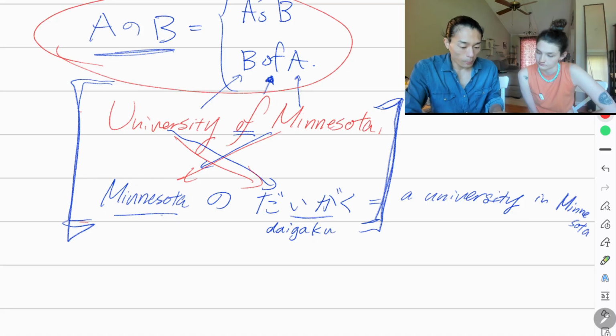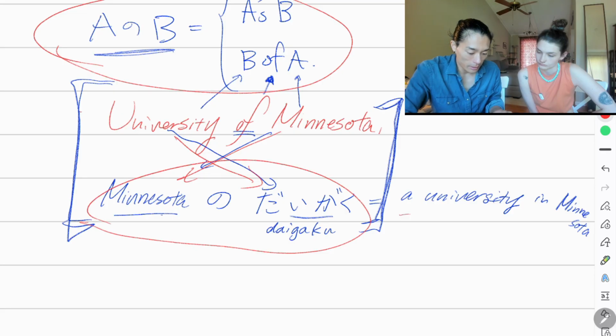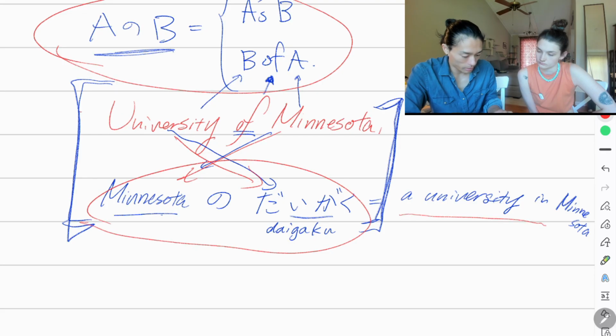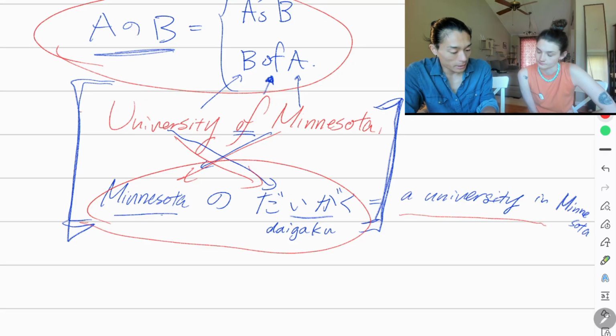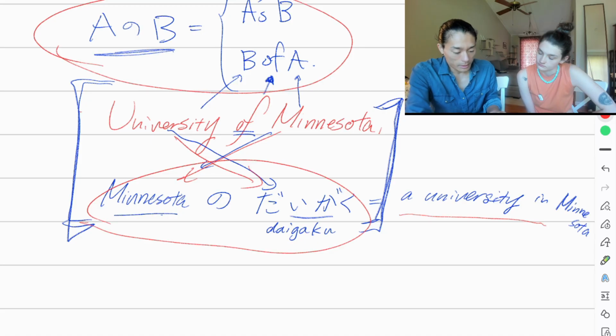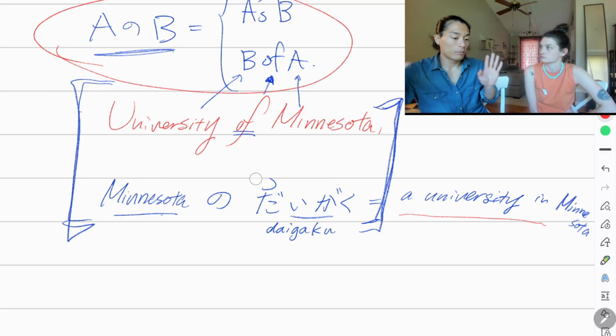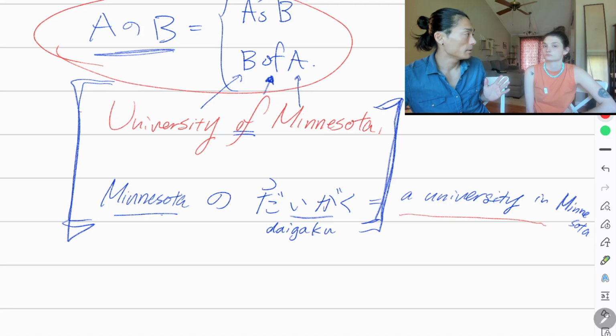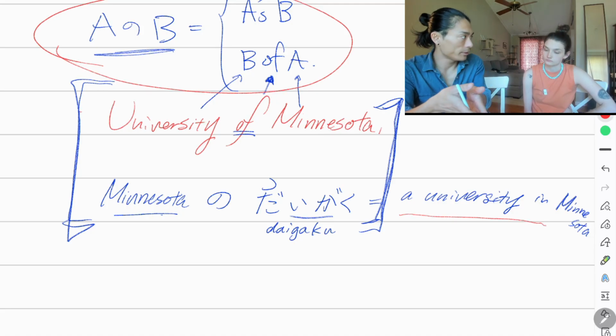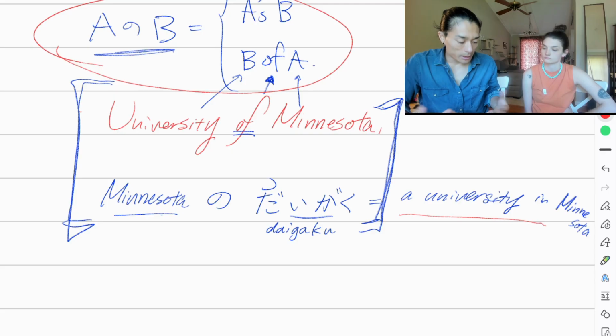Even though we did use these rules and just translate it, it is grammatical, but when we say this, it just means university, all the university in Minnesota. It's not just one specific university, right? Why is this happening?